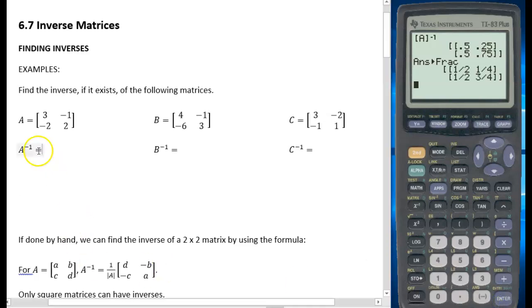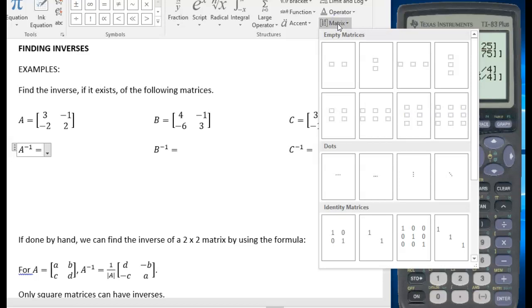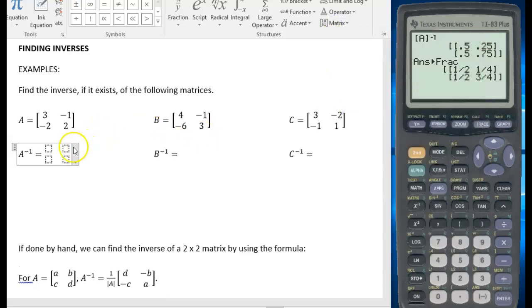So inverse matrices are always matrices. Determinants were numbers, but inverses are whole matrices. So I want a 2 by 2 matrix.